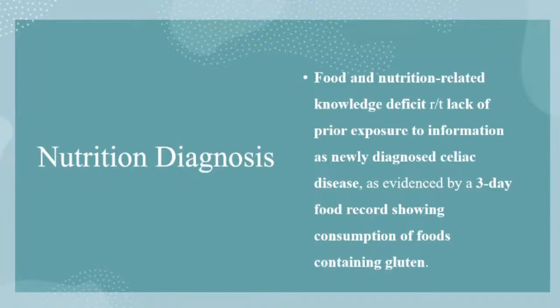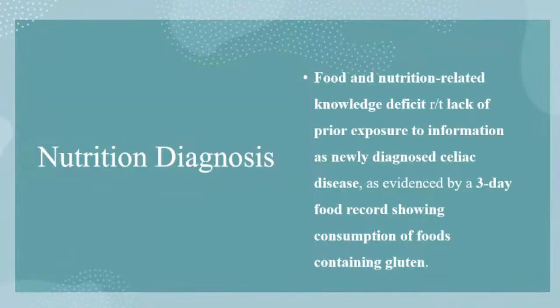There's a main heading with food and nutrition related knowledge deficits. Okay, it gives you some symptoms, and it gives you some etiology or causes that are under that subdomain, or subclass. So for this one, this lady is new to this disease.